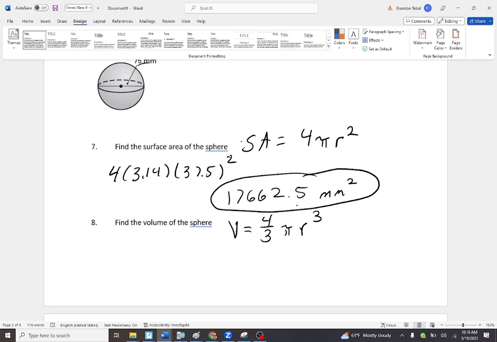So I'm going to plug this in. 4/3. In my calculator, I'm just going to put parentheses 4 divided by 3 to keep it safe. Times 3.14 times, remember, 75 is not my radius. That's the diameter. So I got to cut that in half. So 37.5 squared. Oh, cubed.